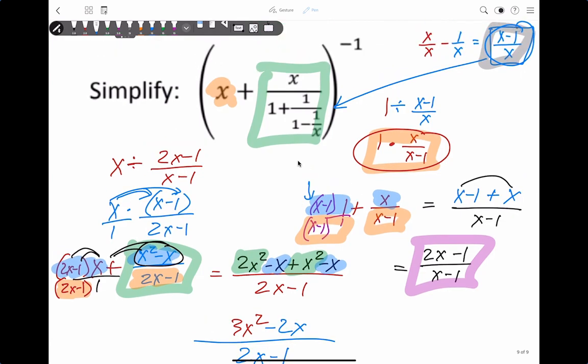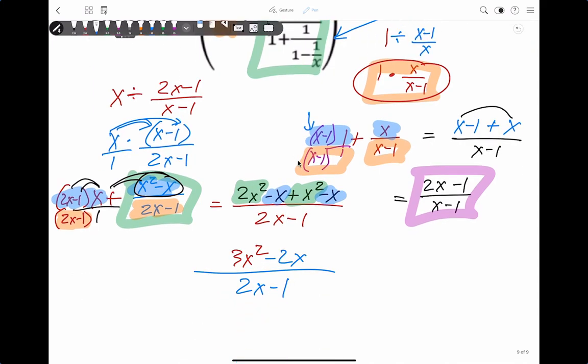And last but not least, it's all to the negative 1 power. And guys, if you don't know this already, we've written it before, like x to the negative 1 is 1 over x. Just like if I had 1 over x to the negative 1, it would be in the numerator now as a positive. Okay?